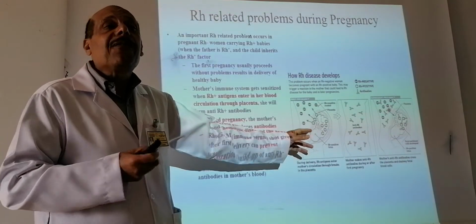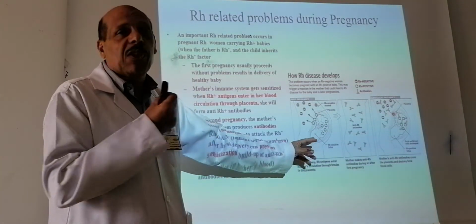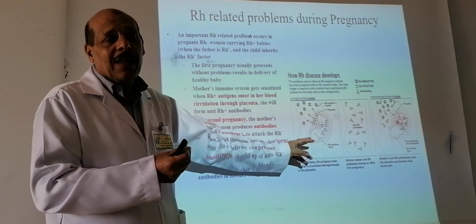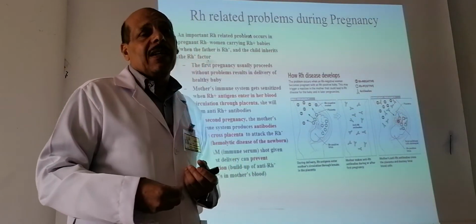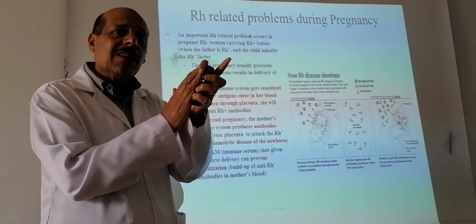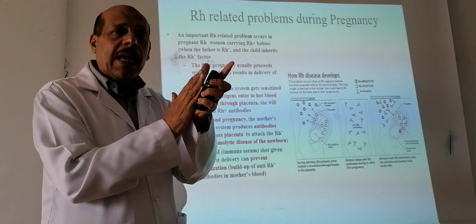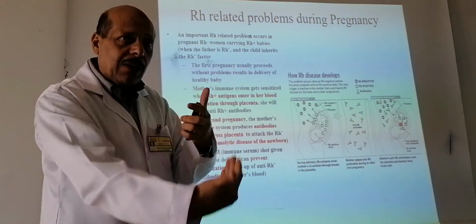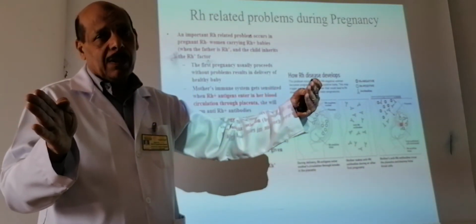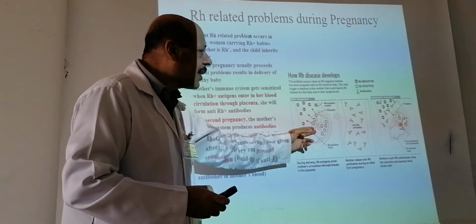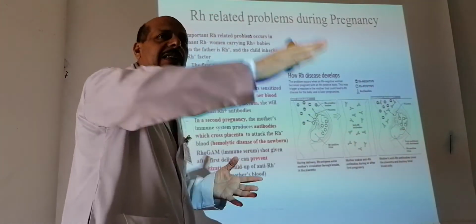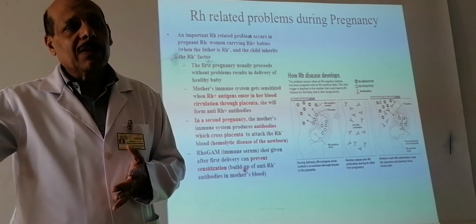So, if the Rh is positive for her child, in this case, during delivery, you know that the placenta is attached to the uterine wall. It will be separated from the uterine wall. During pregnancy, there is no mixing between the blood of the mother and the embryo.